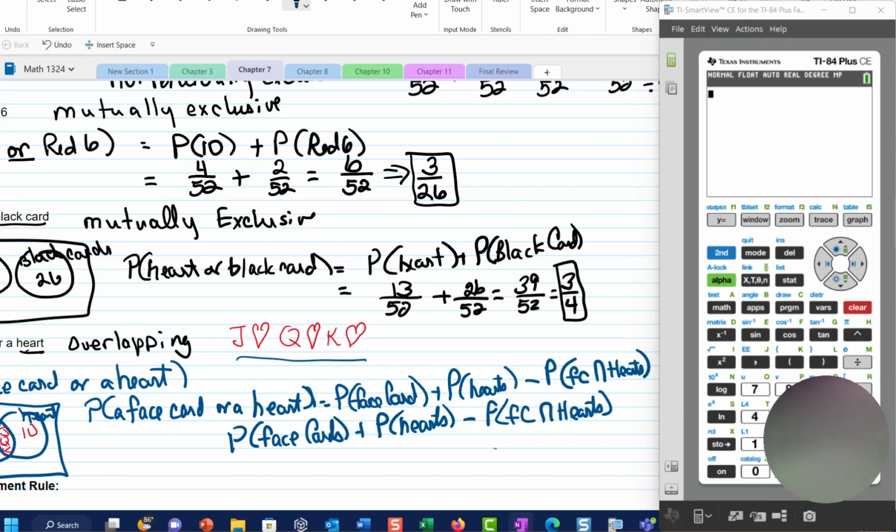All right. So we said this was 12 face cards, and in hearts there are 13 in the suit, and we share the 3 face cards.